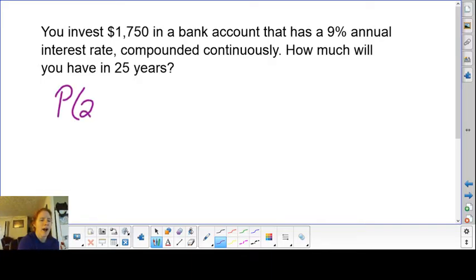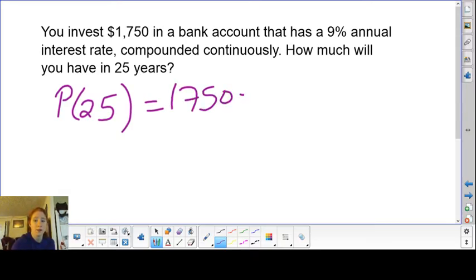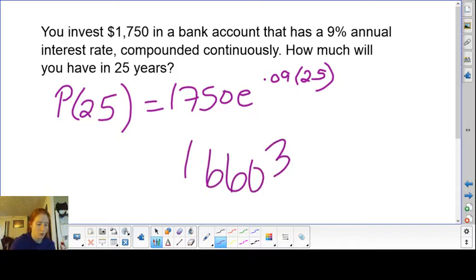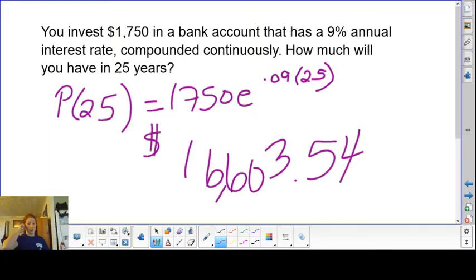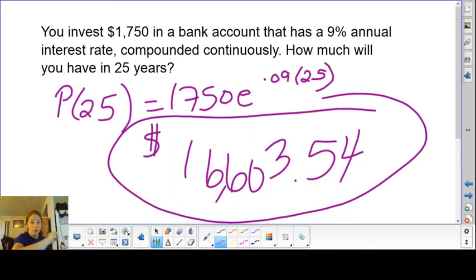So, P of 25 is equal to 1750 times e to the 0.09 times 25. $16,603.54, which is not too terrible, seeing as how you started with 1,000, but you're also going for 25 years. So, not the best either.